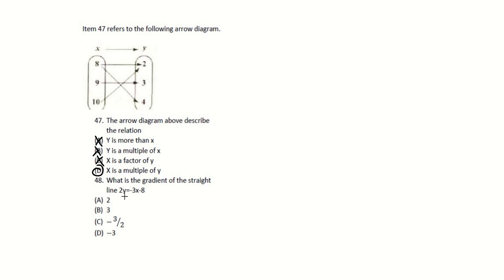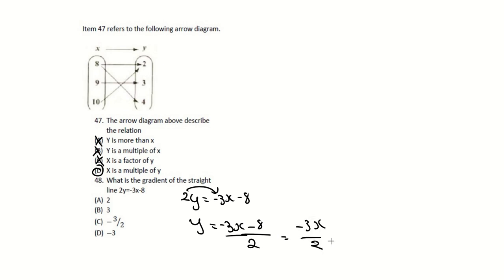What is the gradient of a straight line? If we have 2y is equal to negative 3x minus 8, you carry across this, you get y is equal to negative 3x minus 8 all over 2, which is negative 3x over 2 minus 8 over 2.